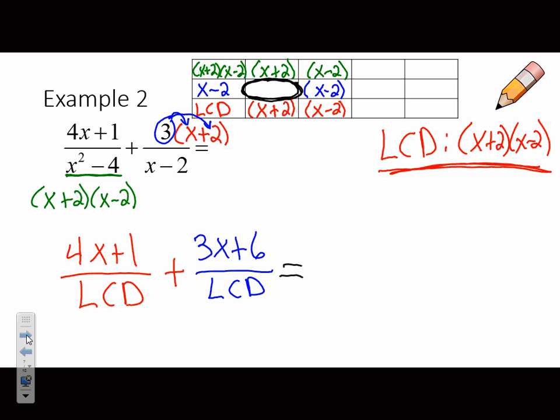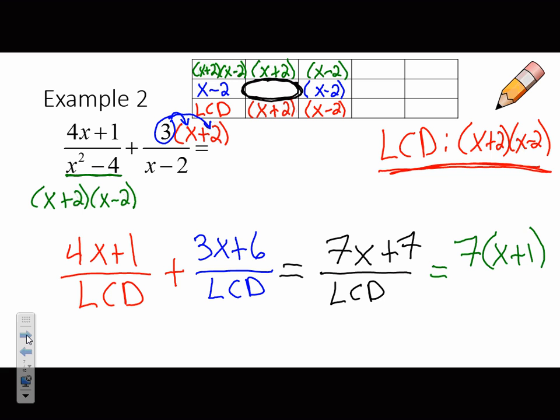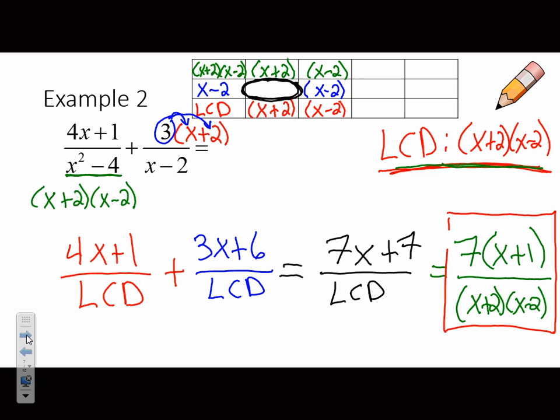So I have 3x and plus 4x, which is going to give me 7x plus 7 all over my least common denominator. I can simplify my numerator. I can take out my greatest common factor of 7, so I have 7 and then x plus 1. And now I can rewrite my least common denominator. I have that up here, x plus 2, x minus 2. Now I can't simplify anything here, so ladies and gentlemen, this is our answer.